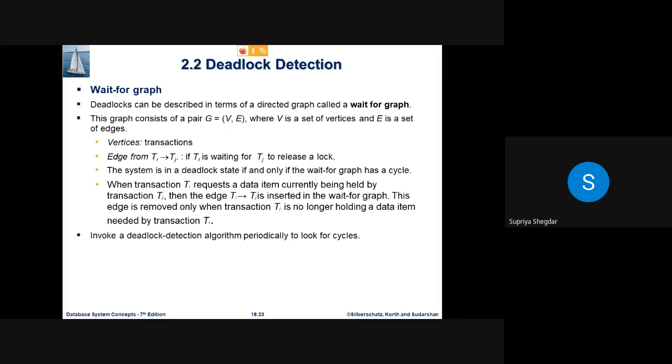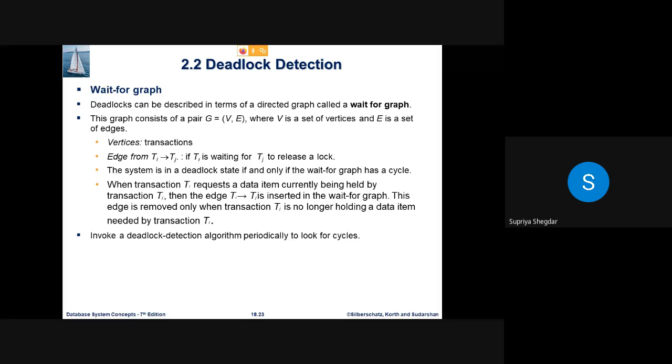So if we want to show the deadlock, then we can use the wait-for graph. And in the wait-for graph, if it contains any cycle, then we can say that yes, a deadlock has occurred in the system, or the system is in the deadlock state.